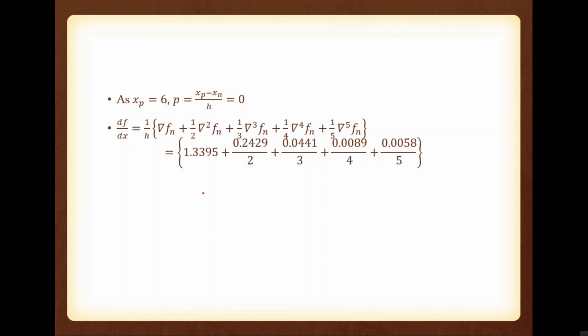So what is the answer? 1.4790. Very good. So df by dx at x equal to 6 is 1.4790.